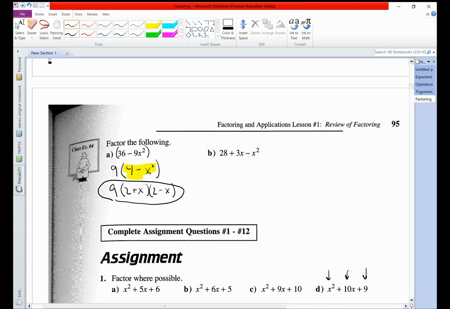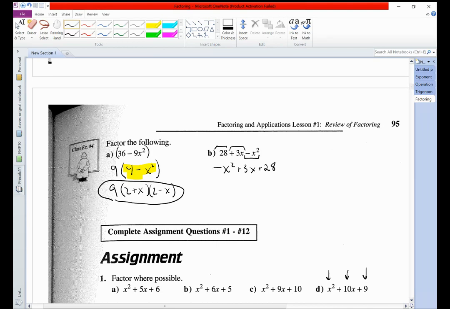So if I wanted to rearrange it, that negative x squared term has to come with its negative. Then we have positive 3x because that positive 3x is a term. And then 28 is a positive number, so it becomes positive 28.